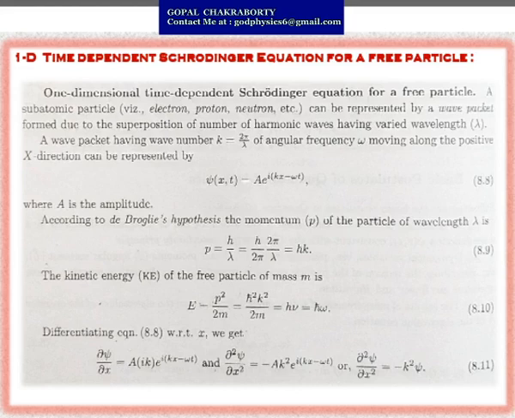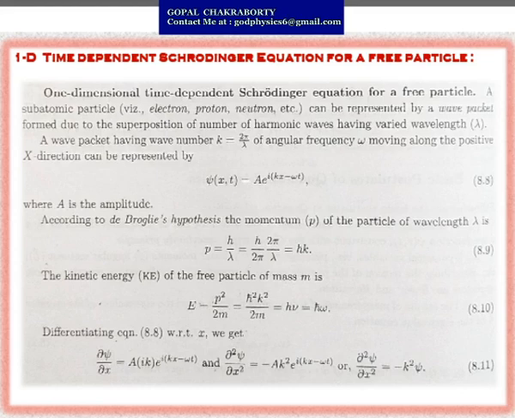Now, as I have already told you, you take the first order derivative of the wave function psi with respect to position x. You will get del psi del x equals i k into a e to the power i(kx minus omega t).